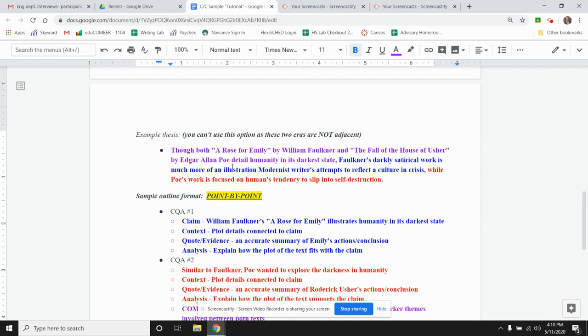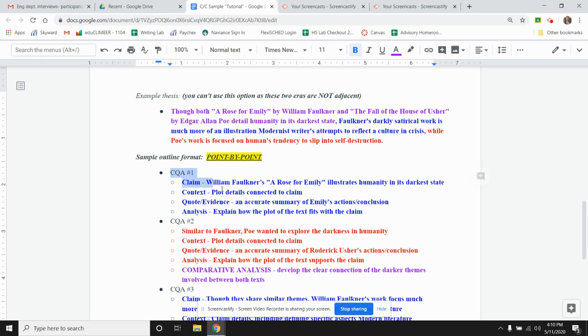So here's where it's a little bit different. If you were to tackle a point by point style, your first CQA would be about your first text. In this case, it's Faulkner's A Rose for Emily. Your second CQA would immediately transition to the second text. So in this case, we're looking at Poe and The Fall of the House of Usher.